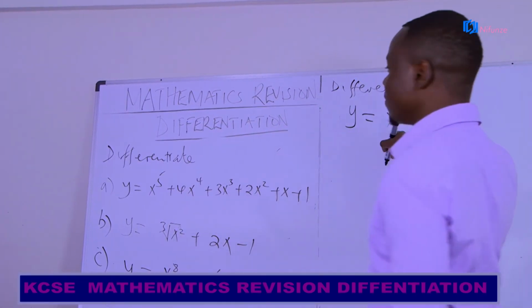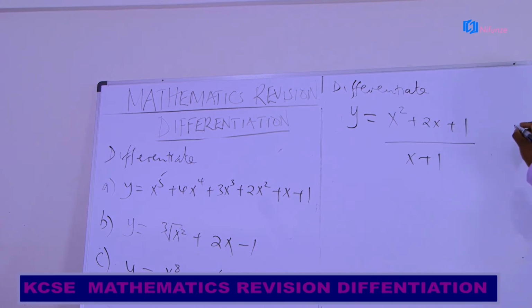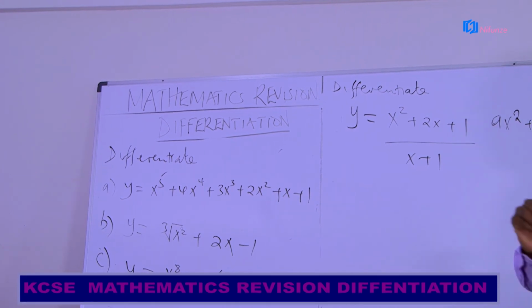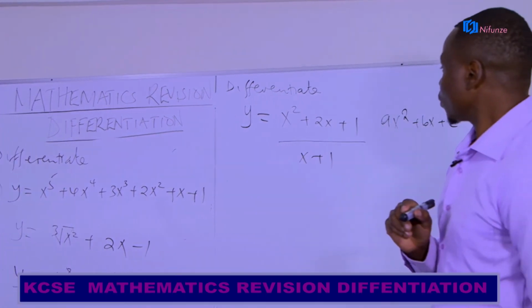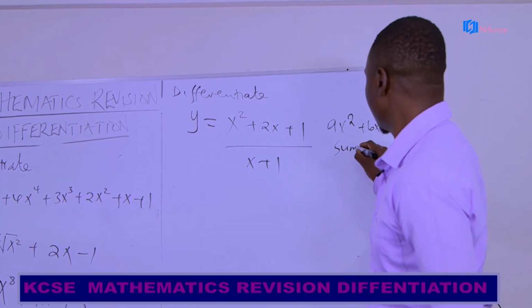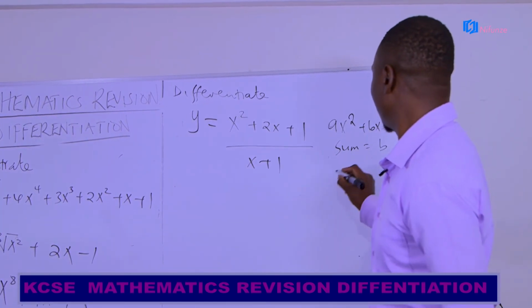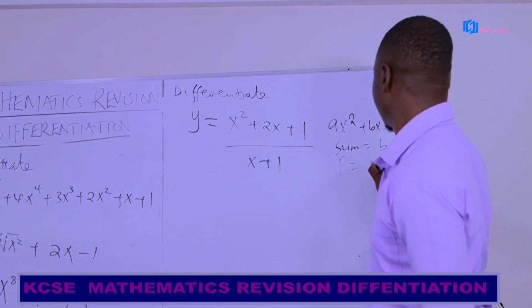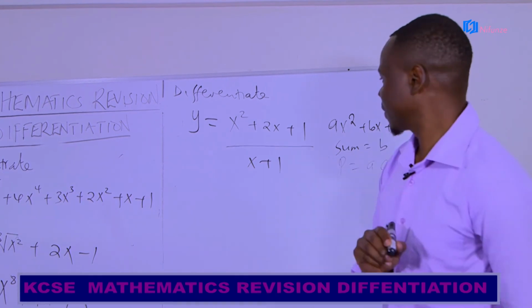In this case, we have a quadratic equation whereby we remember the general quadratic expression ax squared plus bx plus c. So we have to factorize by looking at two numbers whose sum is b, and then product is AC.